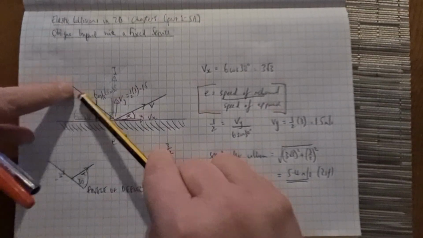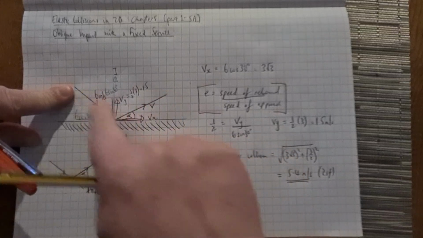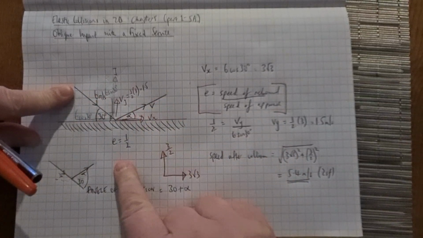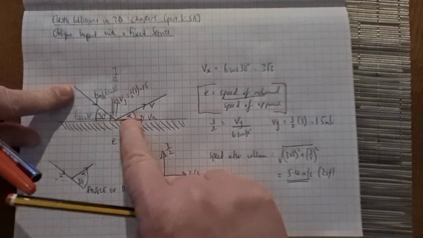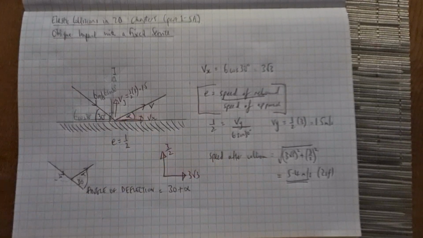So it's really finding the angle between our two speeds or velocities. You've got 30 degrees, because they're vertically opposite, plus the angle alpha there.